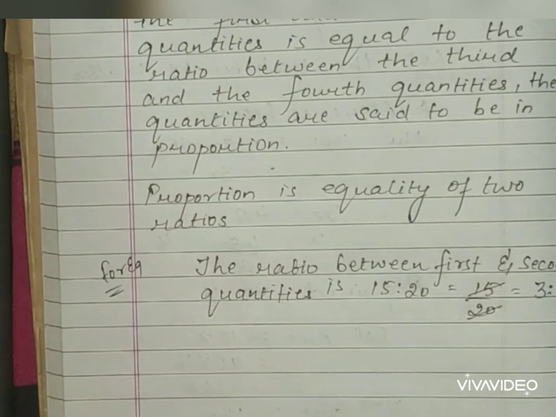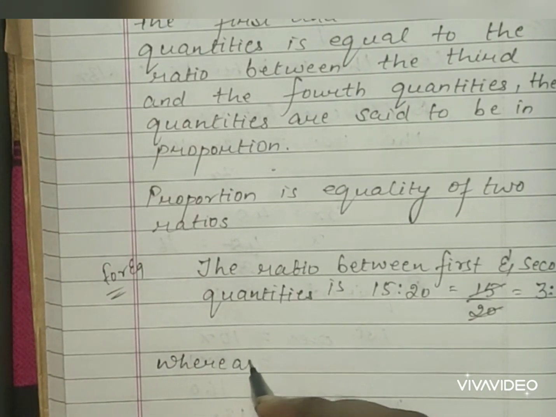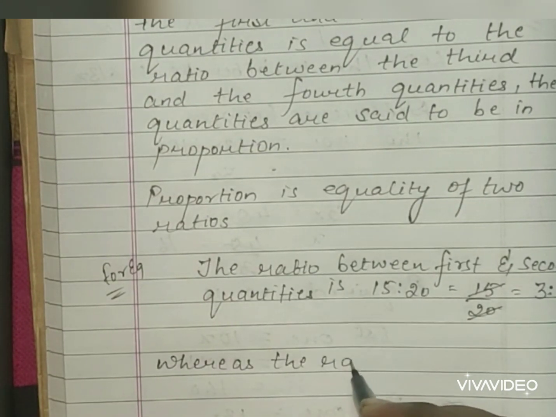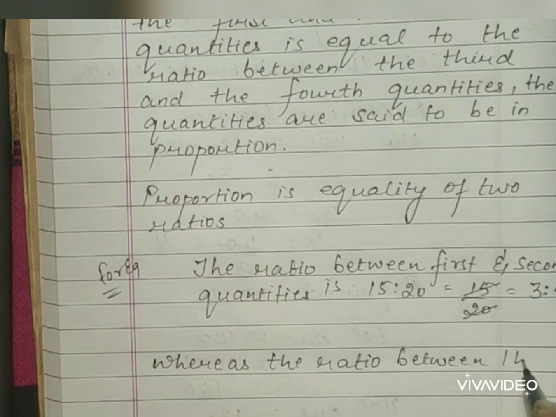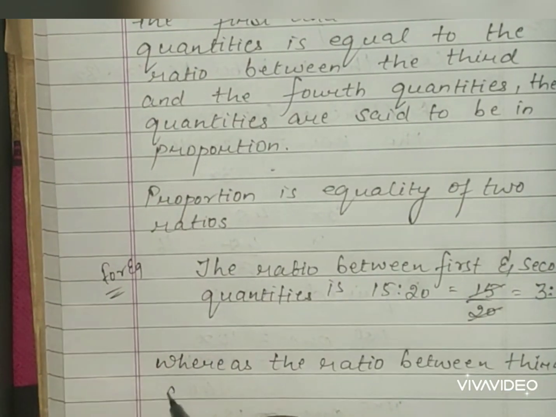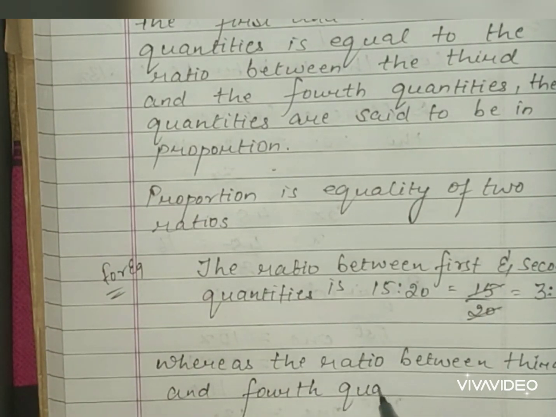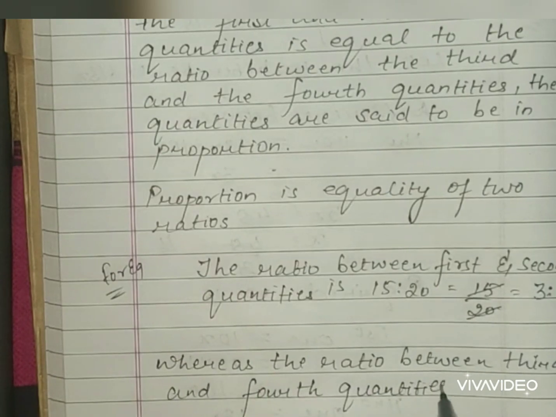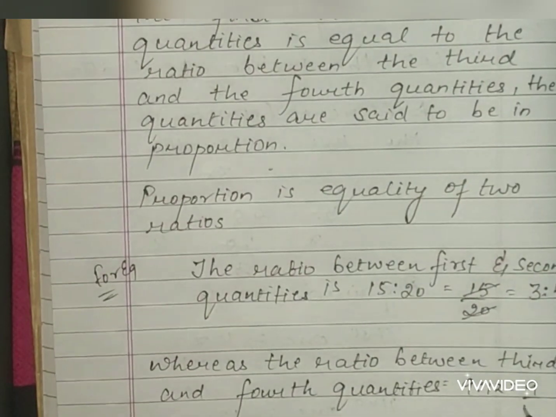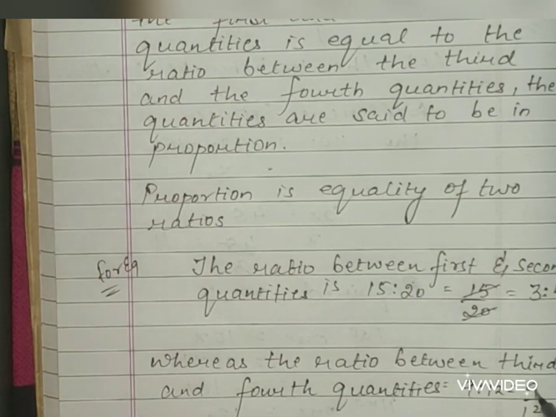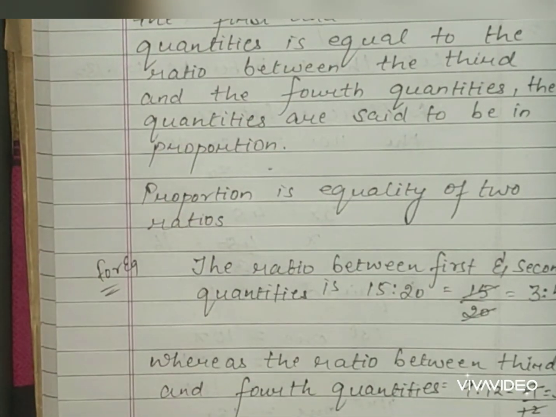Okay, now whereas the ratio between third and fourth quantities is 9:12. That means 9/12. So from here also 3 threes are 9 and 3 fours are 12.